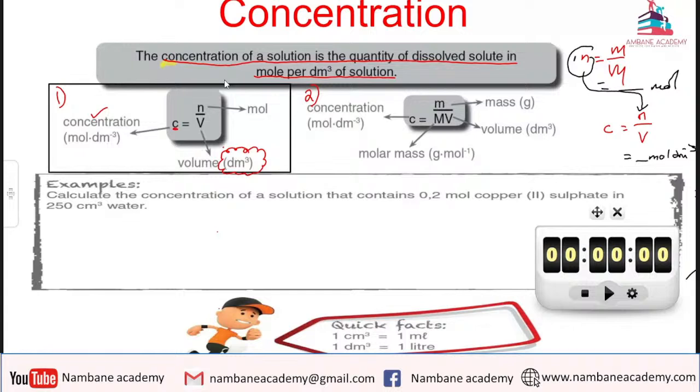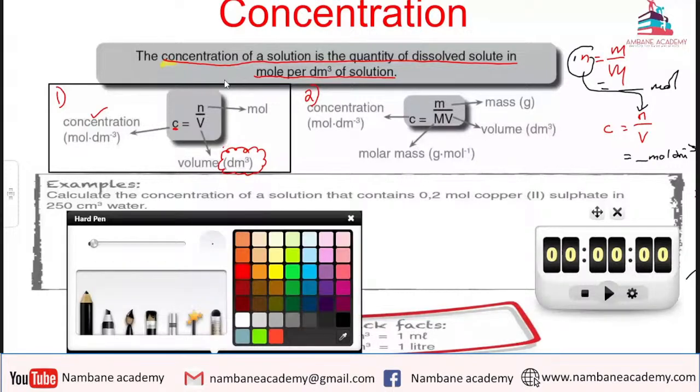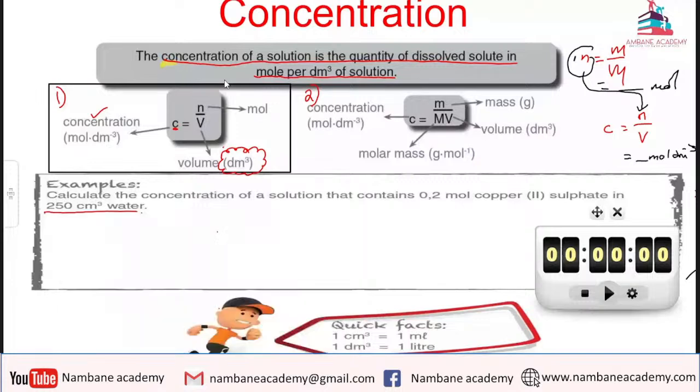Ladies and gentlemen, let's go straight into it. The tricky part here is, remember, the emphasis is that our volume must be in decimeter cubed. So the only catch here was the volume is given in 250 centimeter cubed of water. So what must be done?